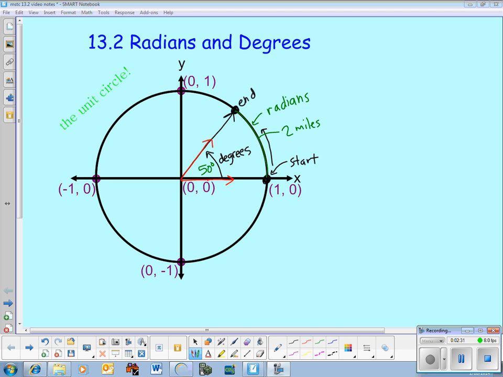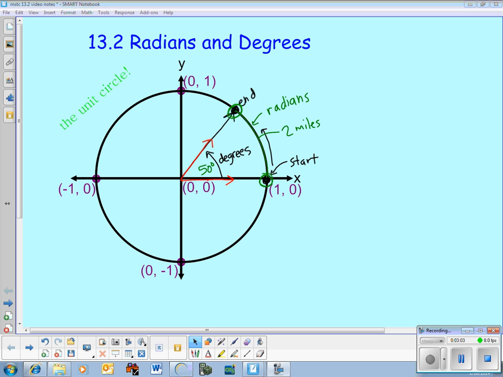If I say that I spun 50 degrees, that's one way to say I went from point A to point B. If I say I walked 2 miles around the outside edge, that's a way to say I went from point A to point B. So radians and degrees are two different ways to say the same thing. You started at a certain point and you went around the circle a certain amount, either of degrees or of distance in radians. All right, so radians is kind of the new part.